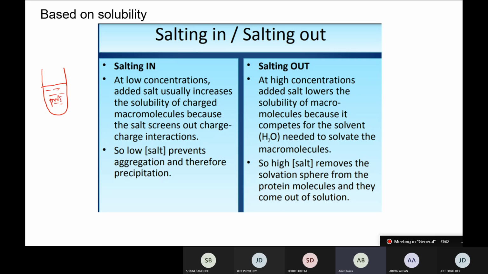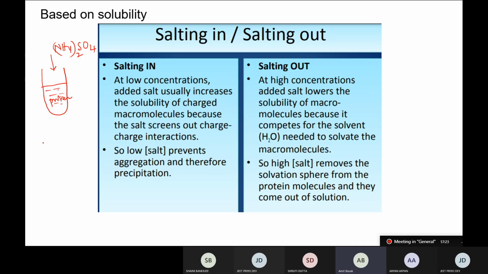You have a protein here, and you are adding an ionic solute, like ammonium sulfate, which is routinely used. As you add ammonium sulfate and cross a particular concentration, you see that the protein gets precipitated.